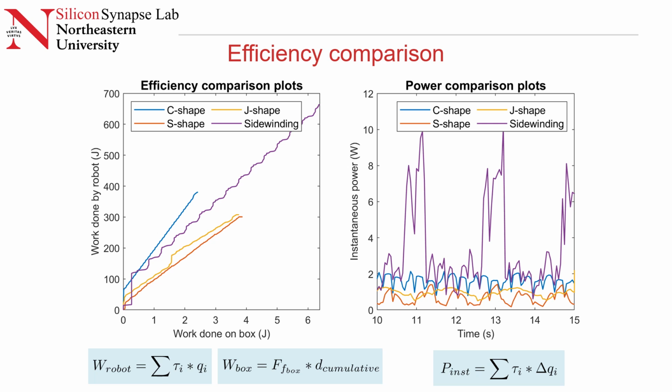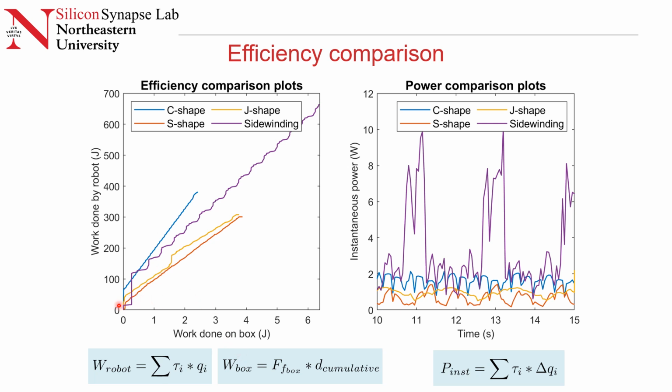So we calculate the work as the total sum of the torque required by the joints multiplied by the joint angle moved. And so this is the work done by the robot, and the work done on the box as the total contact forces on the box multiplied by the distance moved by the box.